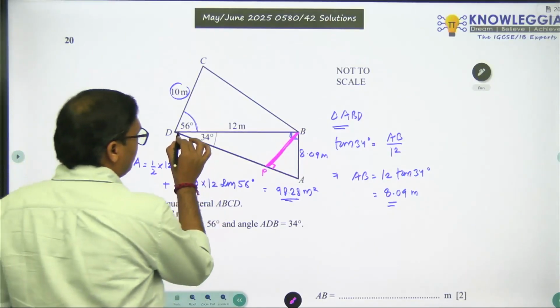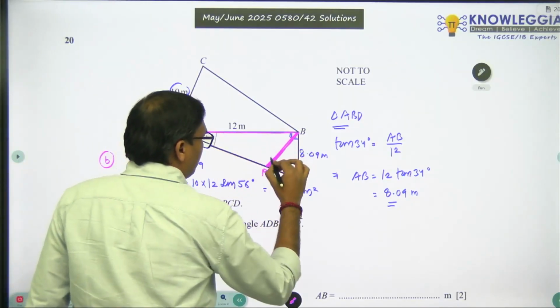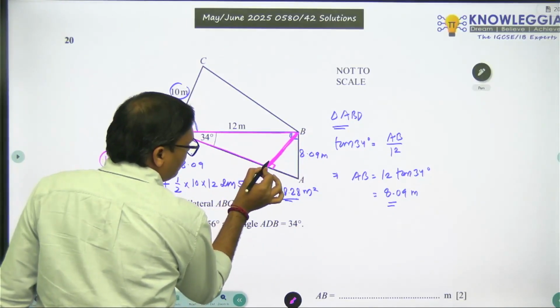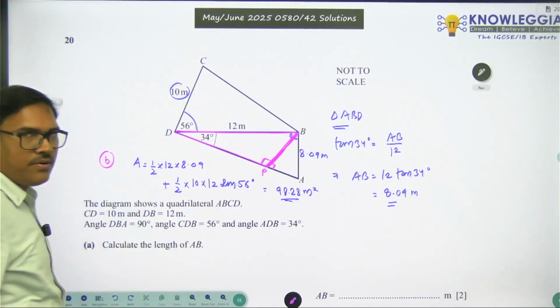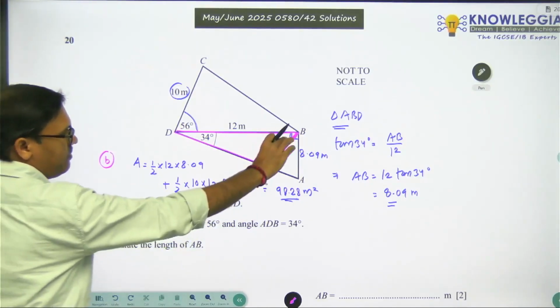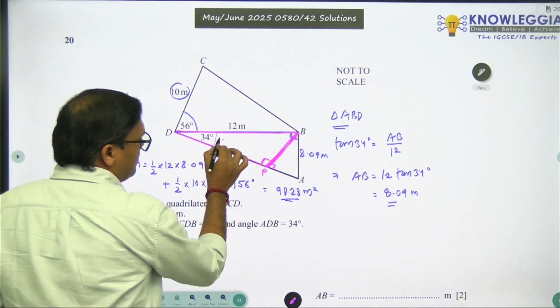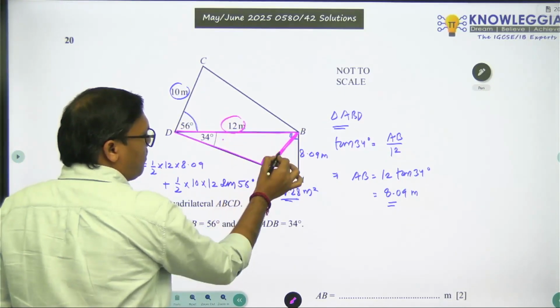Now, how to find this? You can see in this triangle, again, this is a right angle triangle. If you have to calculate BP, this is the hypotenuse, and this is the opposite side.